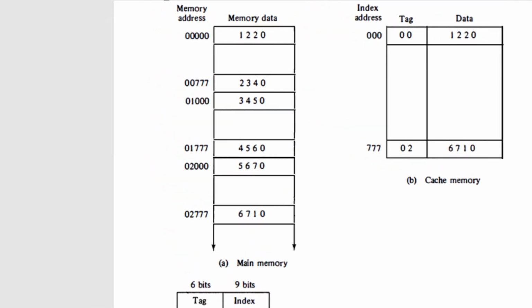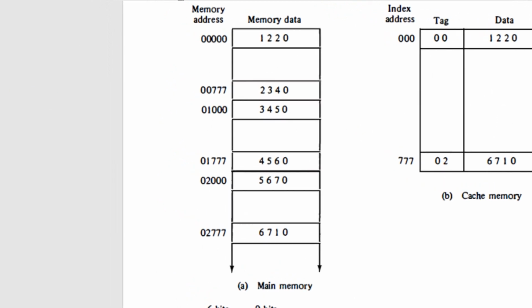Now here in the diagram is the internal organization of main memory and cache memory. You can see that in main memory the address of data is of 15 bits. That 15-bit address is divided into two portions. The first portion is tag, the second portion is index.